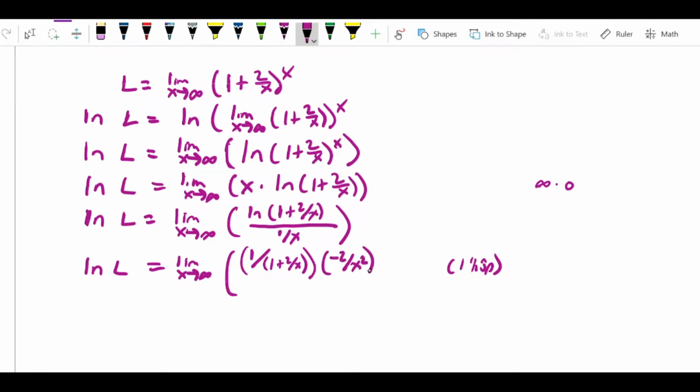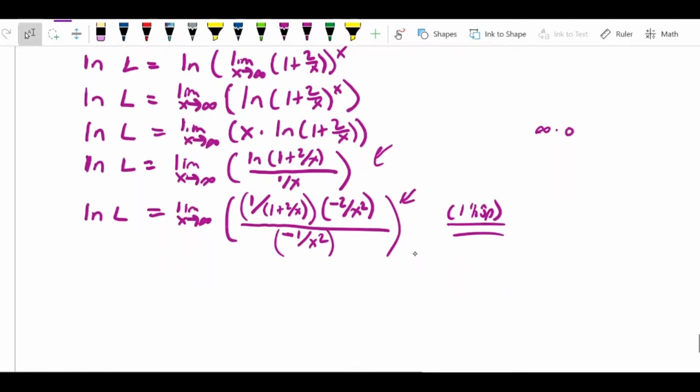So by the chain rule, I have to multiply by that. And then the derivative of the bottom, the derivative of 1/x, is negative 1 over x squared. So by L'Hopital's rule, I've asserted that this limit is equal to this one. Now I need to do a little cancellation. Negative 2 over x squared divided by negative 1 over x squared is just going to be 2.